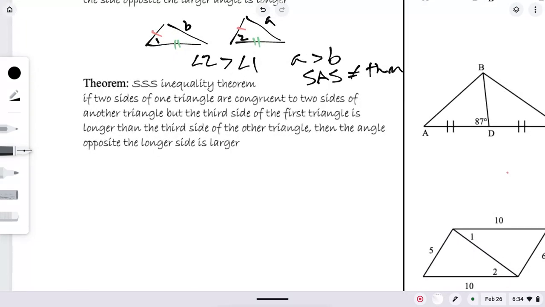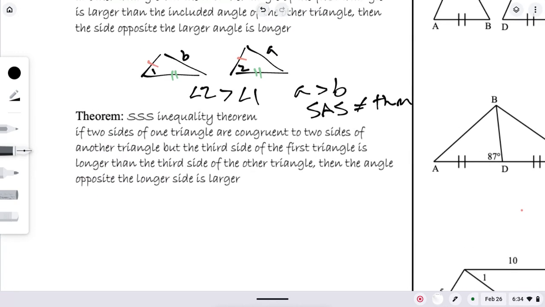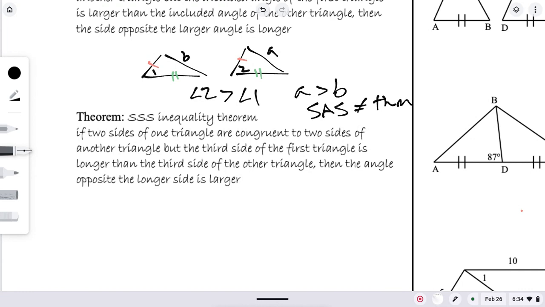Side, side, side, same thing, just the other direction. I have the exact same two triangles. I don't even have to draw those again, just look above. If I first told you that A was bigger than B, then you definitely could assume that angle 2 is bigger than angle 1, but this time it would be side, side, side inequality.